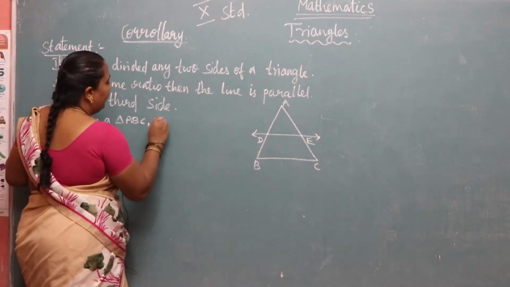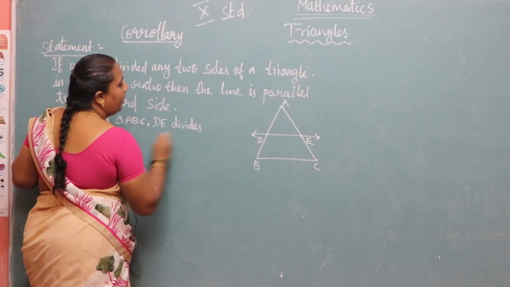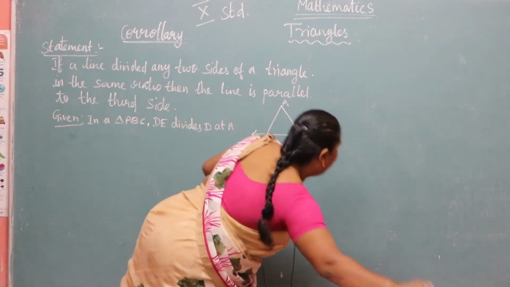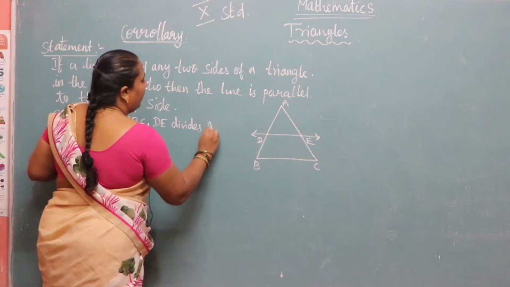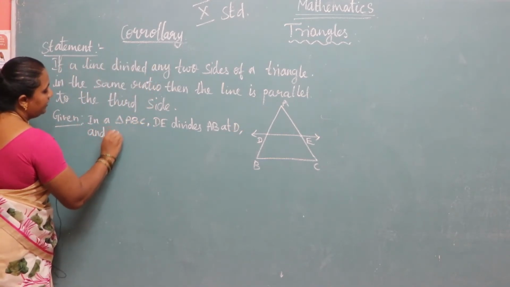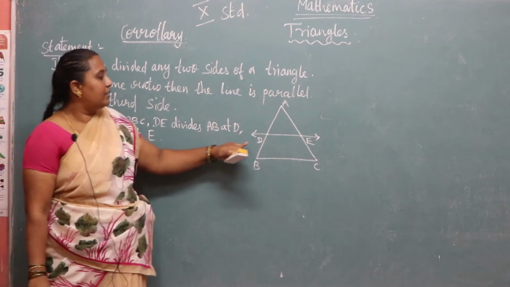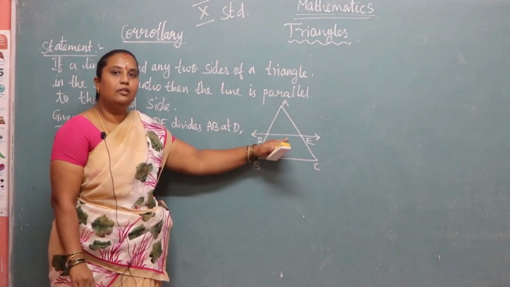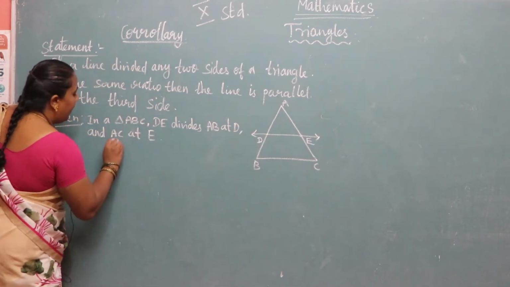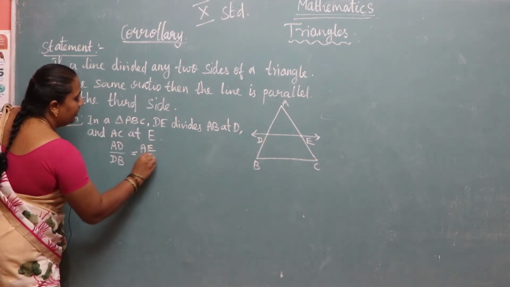DE divides AB at D and AC at E. So this line divides two sides of the triangle at two points, which means we can write the ratio AD by DB equals AE by EC.